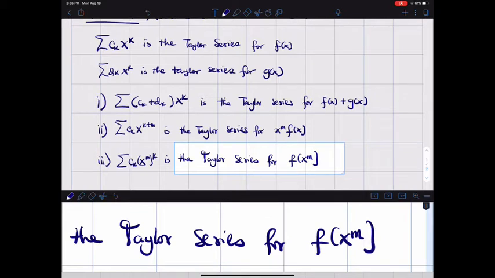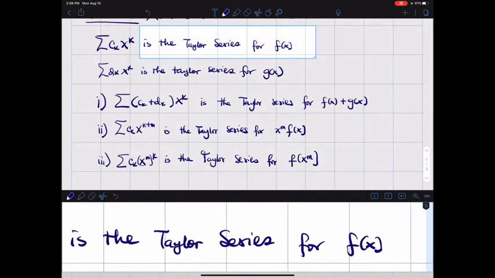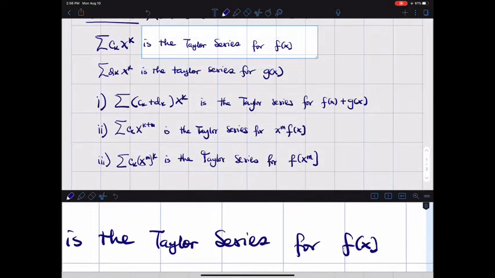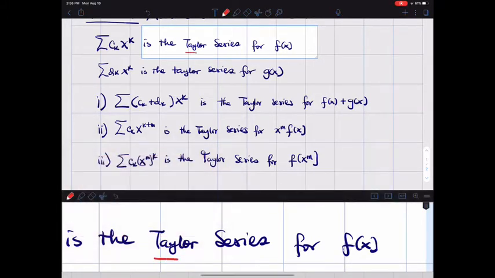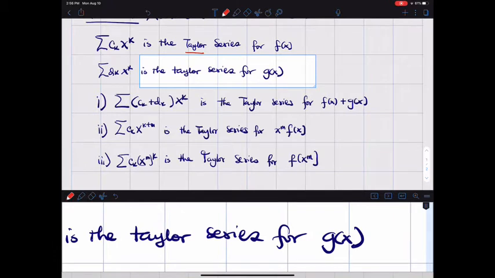I'm just restricting my statement here to the Taylor series because we've extensively dealt with the Taylor series, but the word Taylor can easily be replaced by the word power, because this applies to all power series.